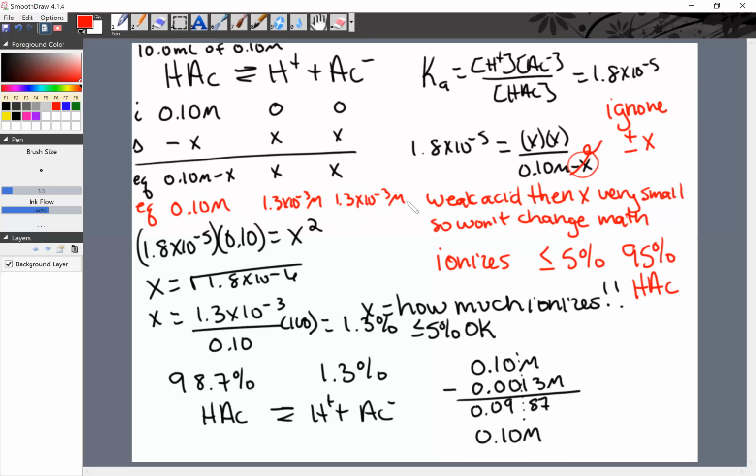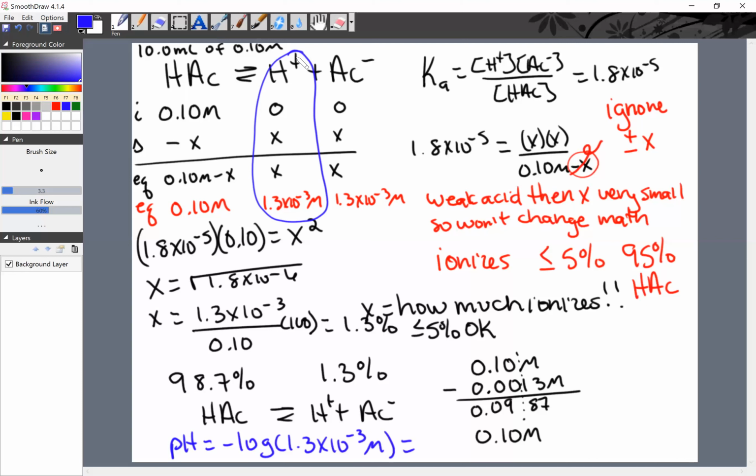Now, if I want to convert that to a pH, I would need to take the negative log of the equilibrium concentration of the proton. So if I want the pH, it would be the negative log of 1.3 times 10 to the minus 3.